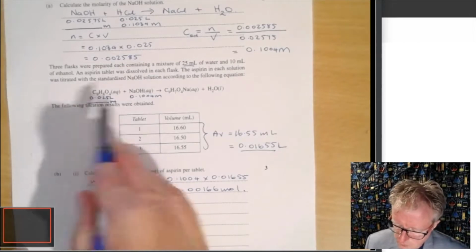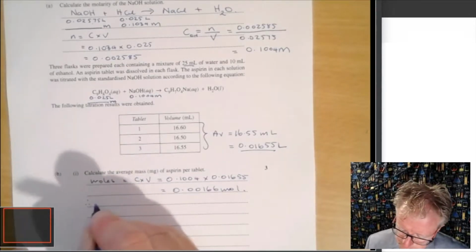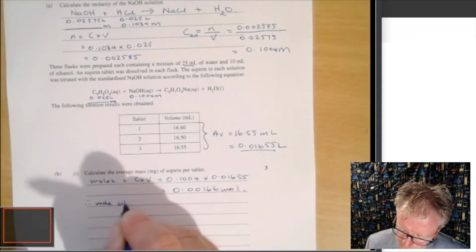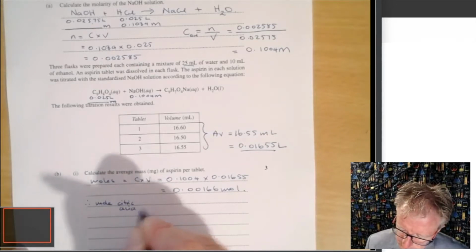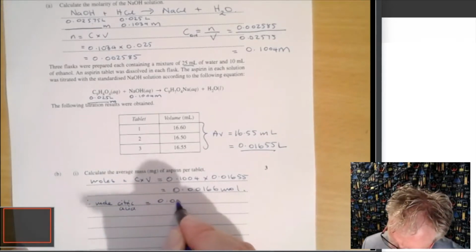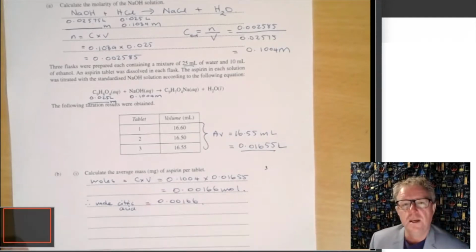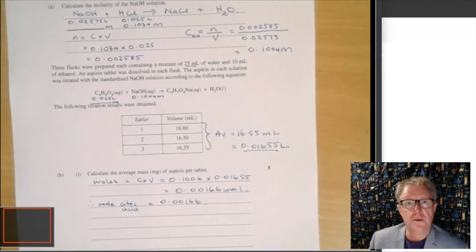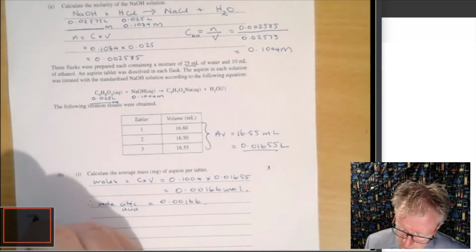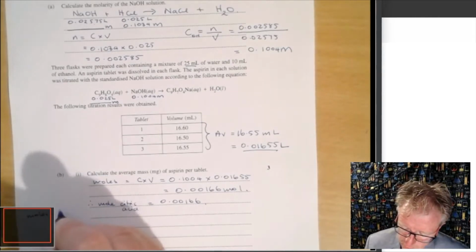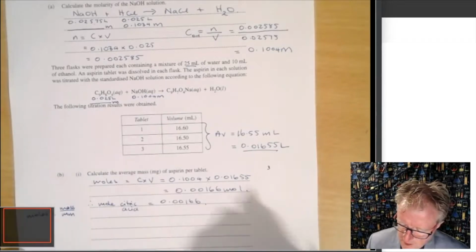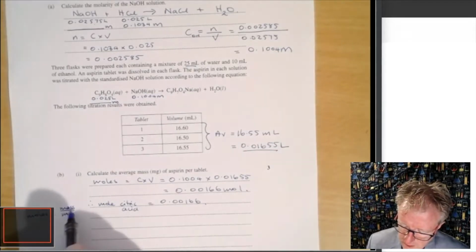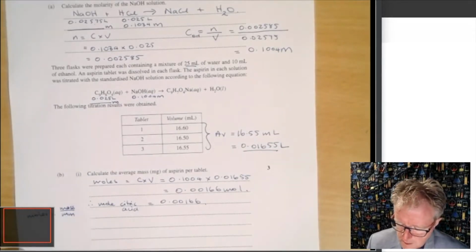Since it's a 1-to-1 ratio, the number of moles of citric acid is the same. Now, we want the final answer in grams. So remember we had a relationship before, is that moles is equal to mass divided by molecular mass. Well, we know the moles, we want to calculate the mass, and of course we can do the molecular mass.